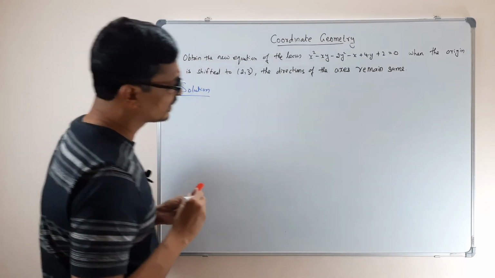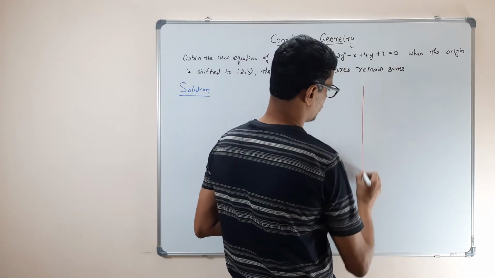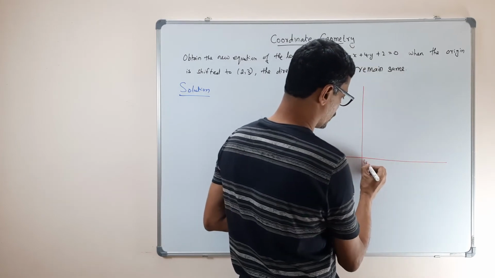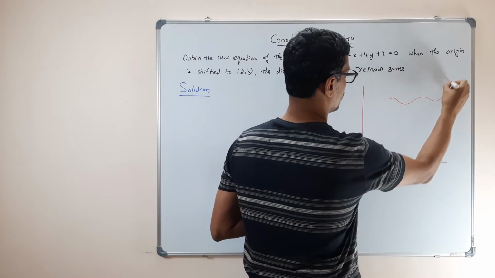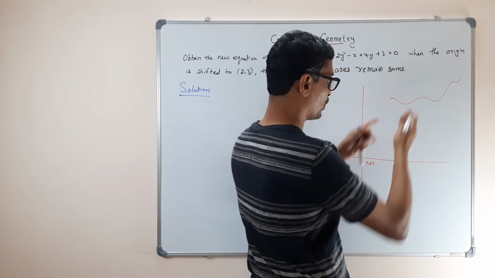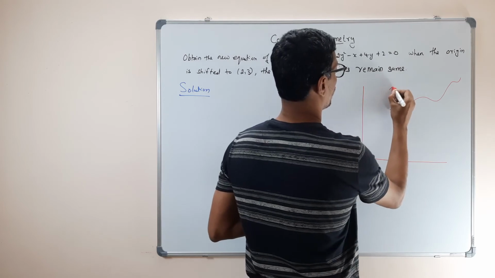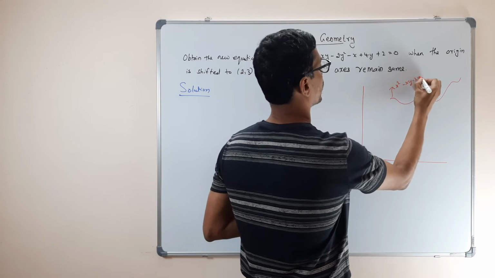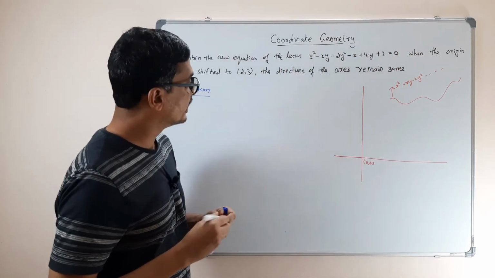So what the problem says is, I'm having this coordinate system. Let us say this is the initial coordinate system where your origin is 0, 0. And there is some curve. This is a locus, correct? And this locus is given by this complicated equation, x square minus xy minus 2y square and so on.